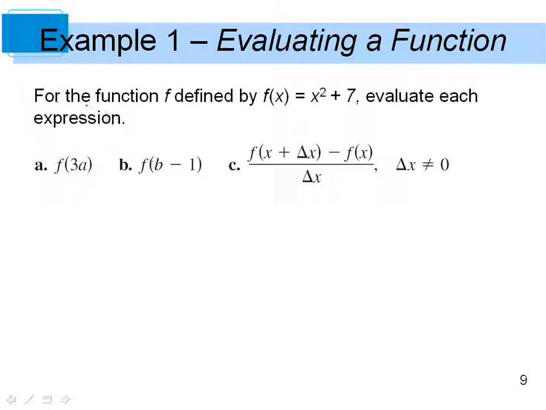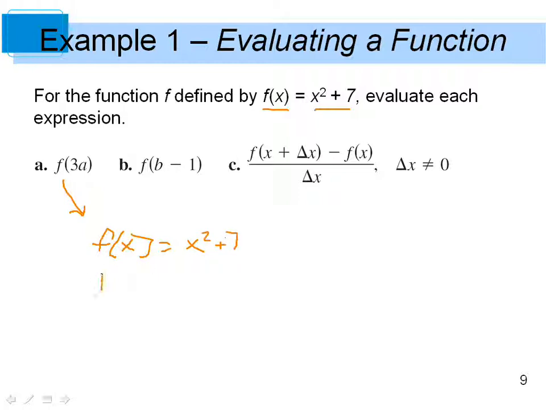All right, here's some examples that we're going to go through. Here's our equation. We read this, f of x equals x squared plus 7. And it says evaluate each of the following expressions, f of 3a. So here's the first one, f of 3a. So we know that f of x equals x squared plus 7.